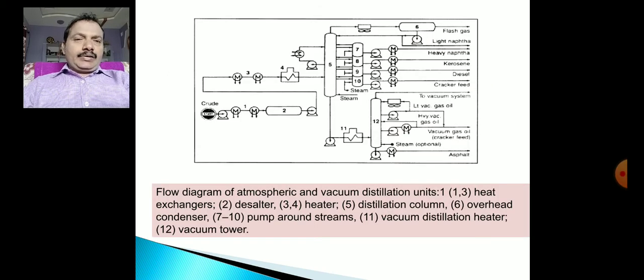this is the flow diagram of atmospheric and vacuum distillation units, heat exchangers, desalter and heaters, distillation columns and overhead condensers, pump and around streams, vacuum distillation heater and vacuum tower.